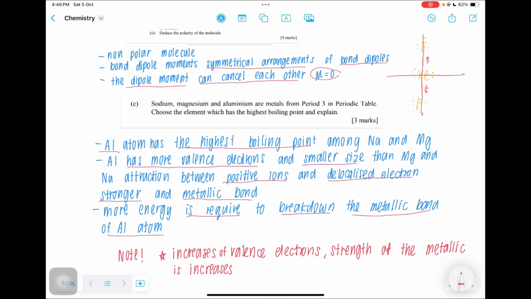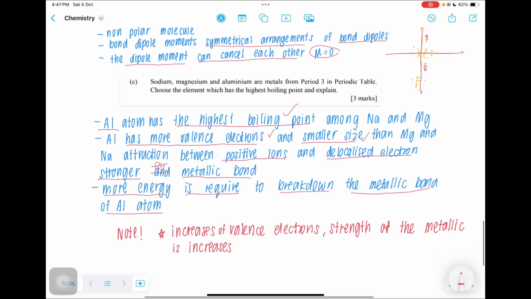So for this question, we just need to state that aluminium has the highest boiling point. Why? Because it has more valence electrons and a smaller size than magnesium and sodium. The attraction between the positive ions and the delocalized electrons is stronger for the metallic bond, and it requires more energy to break down the metallic bond of the Al atom.